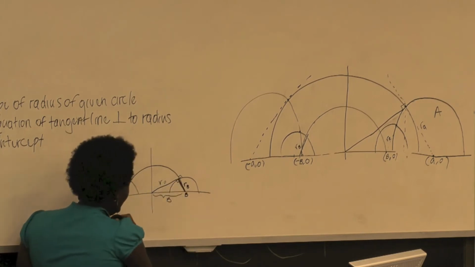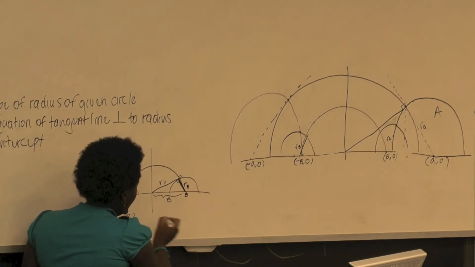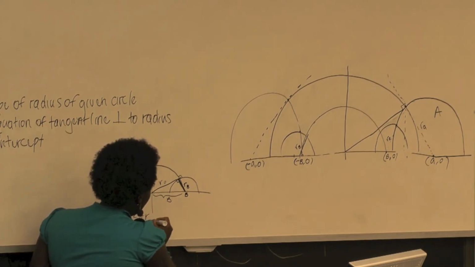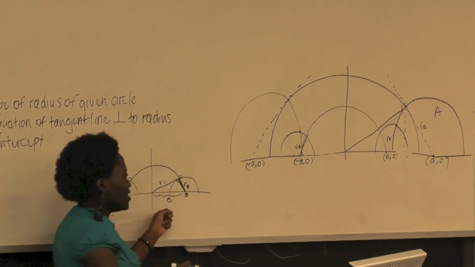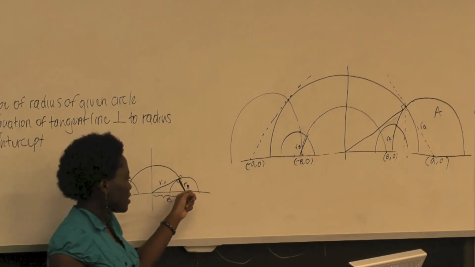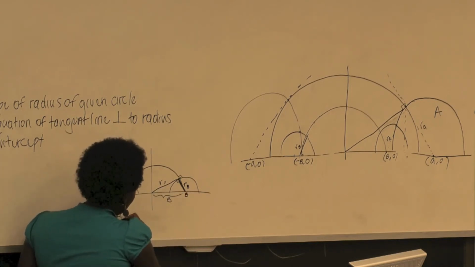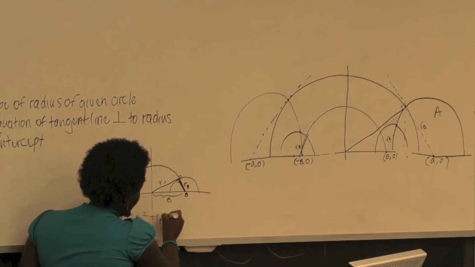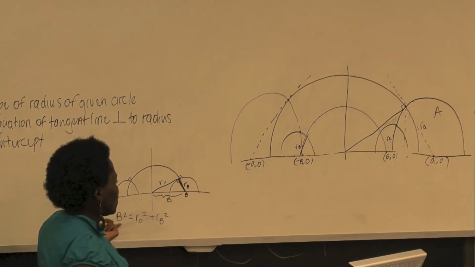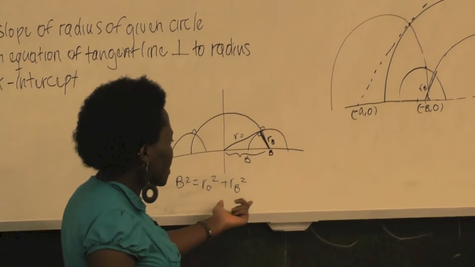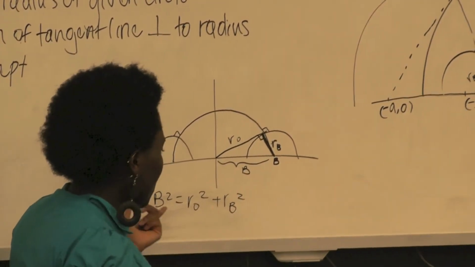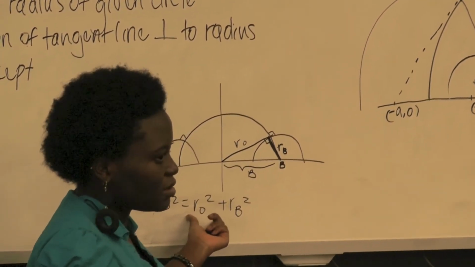So B squared is equal to R naught squared plus RB squared. R naught would then be the square root of B squared minus RB squared. We already know what RB is and what B squared is, so you can find R naught that way.